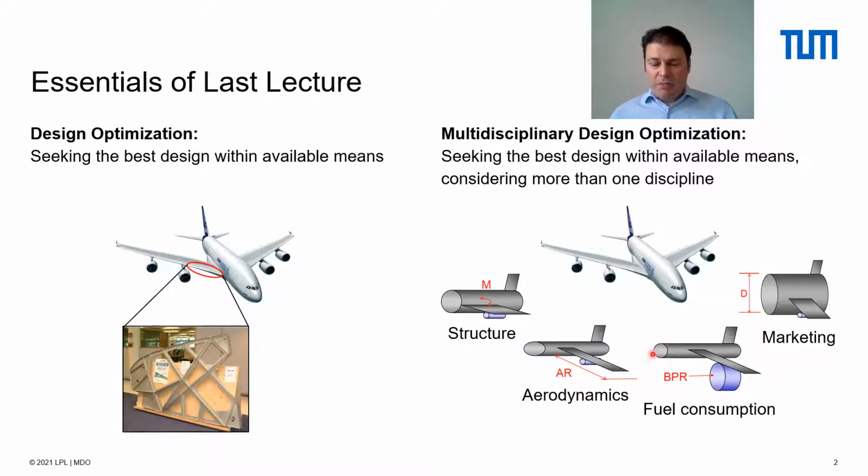An engineer responsible for fuel efficiency would try to maximize the bypass ratio of your engine, or somebody responsible for the airplane properties that are particularly relevant for your customers, the airlines, would, for example, try to maximize the diameter of your fuselage in order to increase the number of seats for passengers.